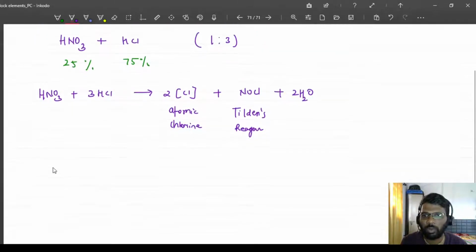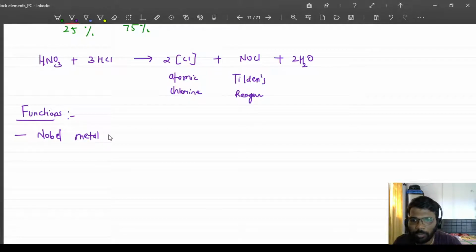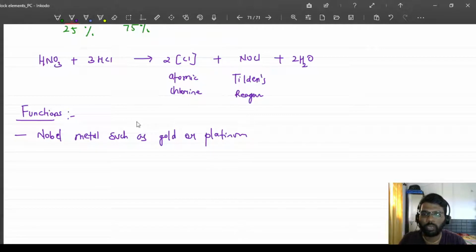Now, what is the function of aqua regia? The function of aqua regia is that noble metals such as gold or platinum, if you see gold and platinum, usually they are insoluble.